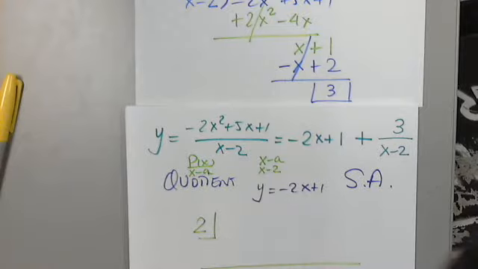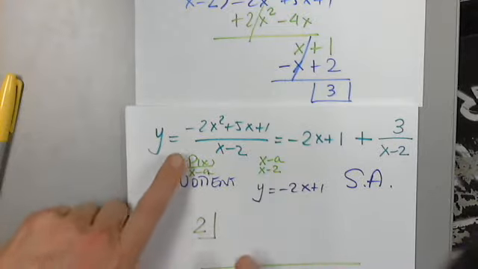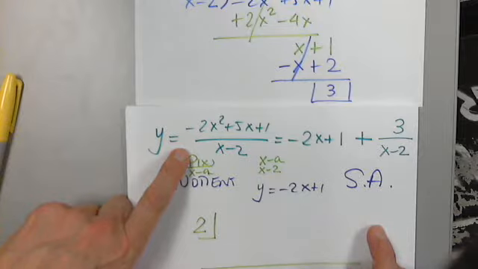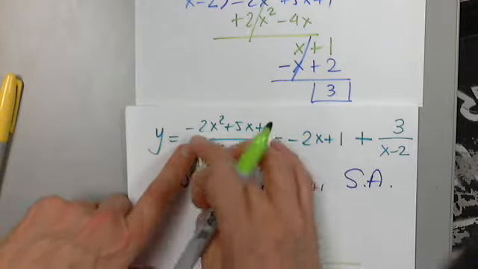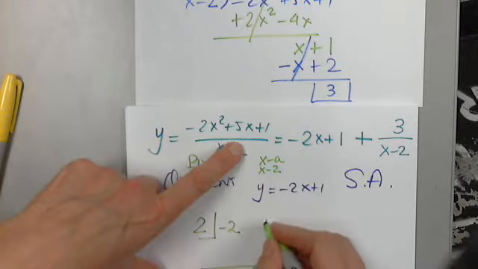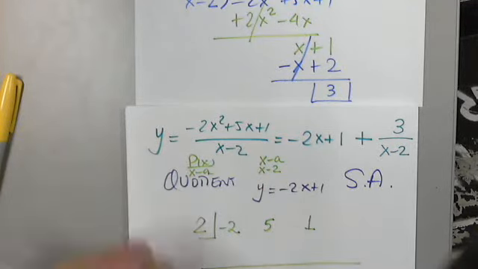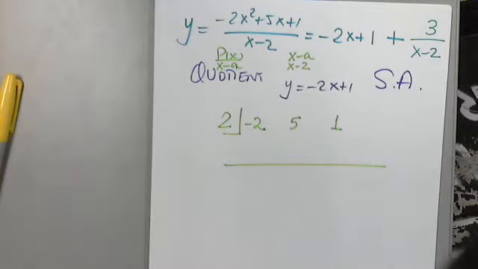Then I copy just the coefficients. If there is a missing term, I have to write 0. So it will be negative 2, 5, and 1. The algorithm requires us to copy the leading coefficient. We do not do anything to the first coefficient, the leading coefficient. Nothing.